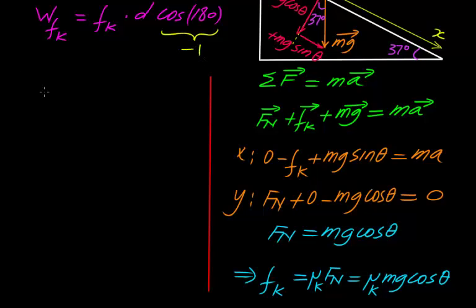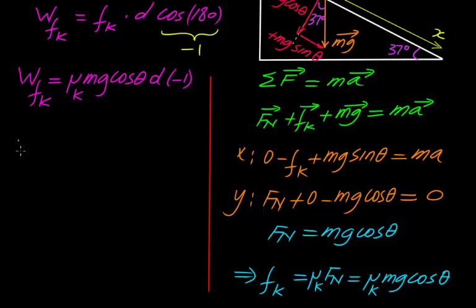Making the substitutions for Fk, we obtain the work done by the friction force to equal, instead of Fk, we write down mu k mg cosine theta times the displacement d times -1. That comes from the cosine 180.